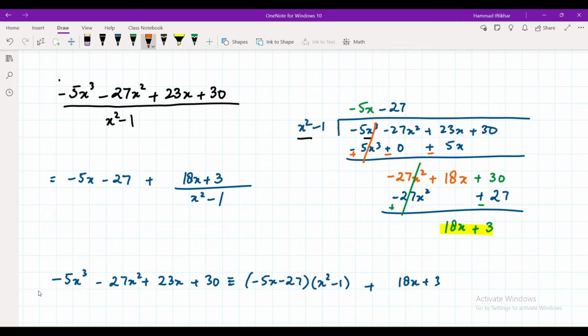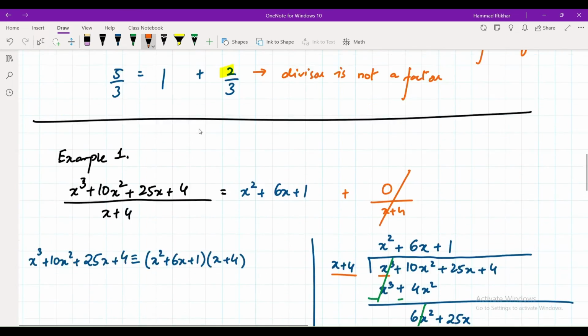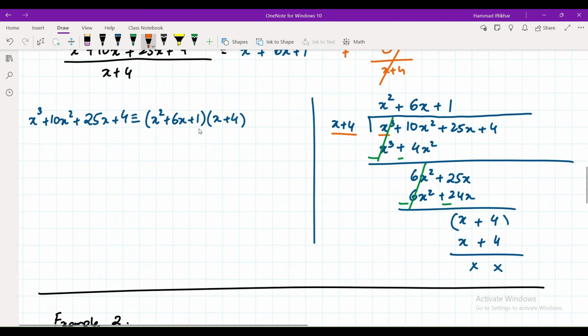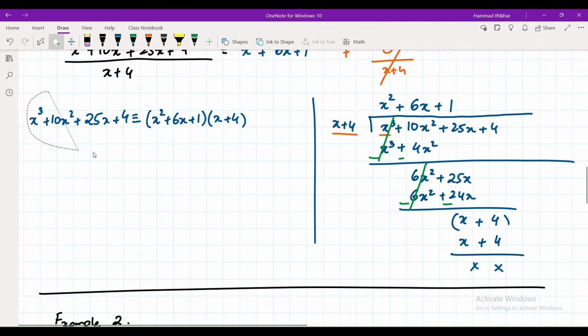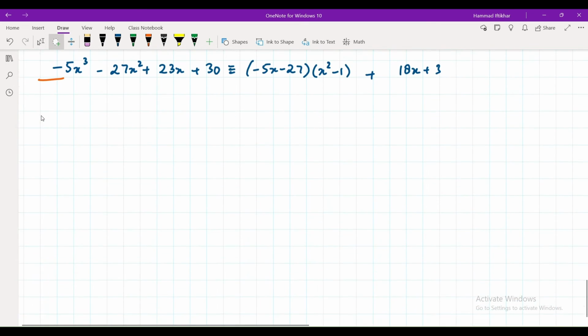Now, when we take these expressions, let me copy the ones that we did before also. So this one, let's take these, copy.